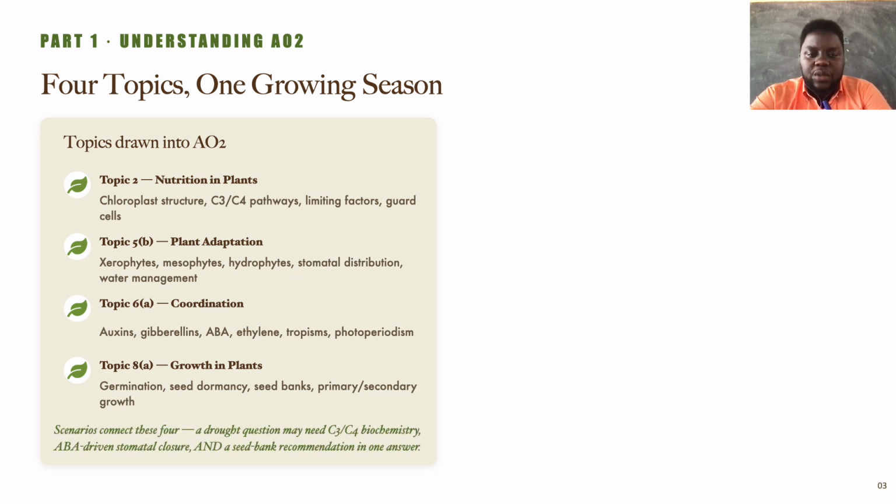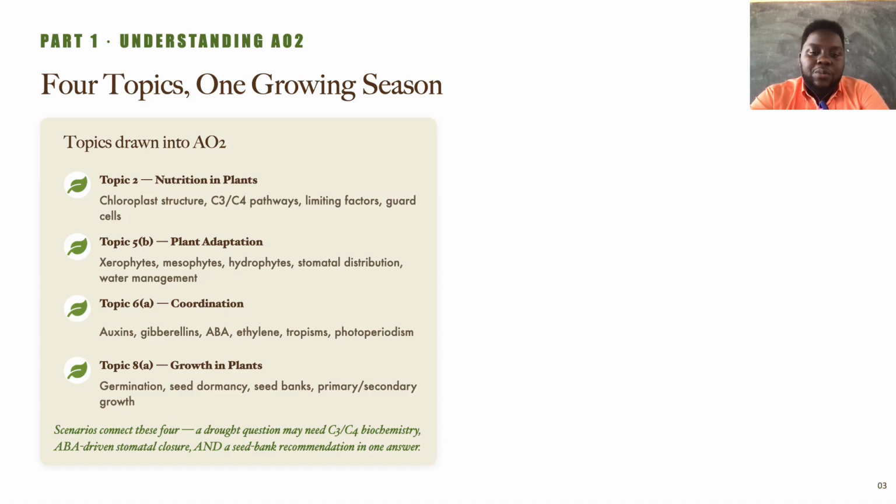Now, this is what is important. In an exam scenario, these don't show up alone. Look at the italic note at the bottom there. A single drought-themed scenario might require you to explain C3 versus C4 biochemistry from topic 2, then explain ABA-driven stomatal closure from topic 6, and then finish with a seed bank storage recommendation from topic 8, all in one connected answer.